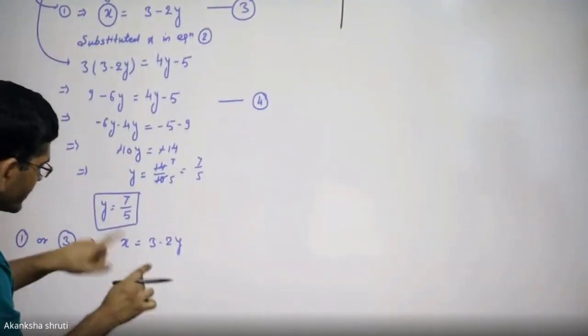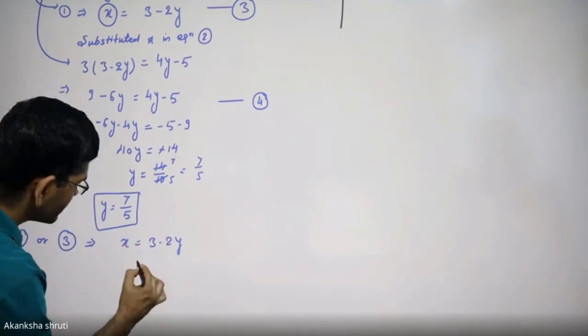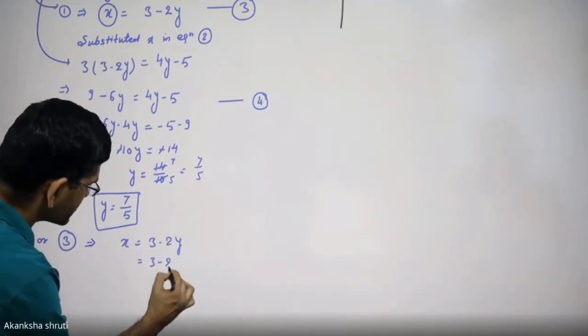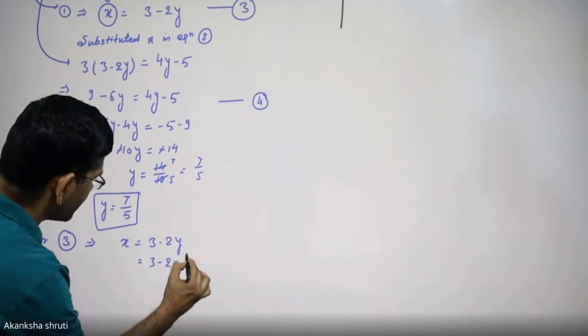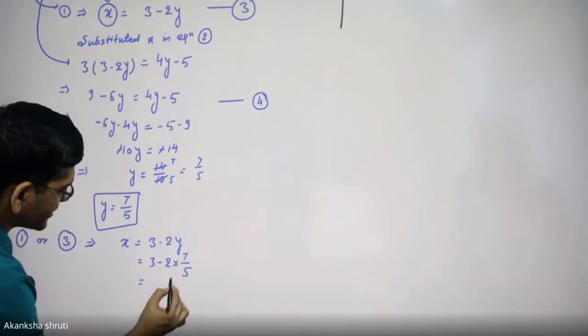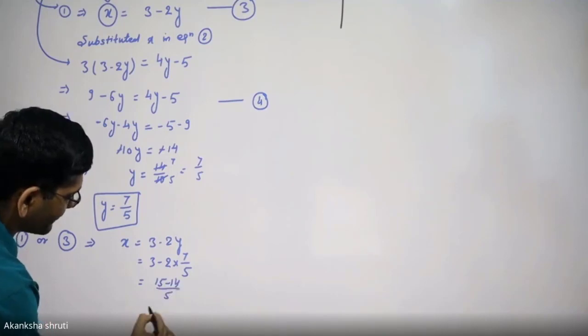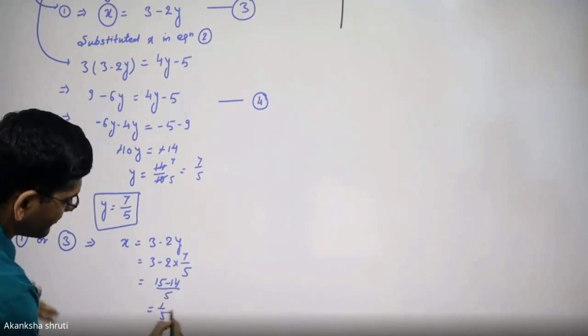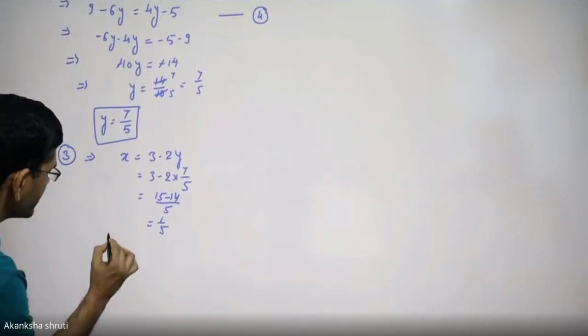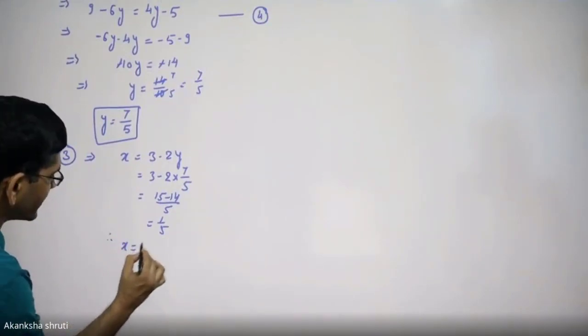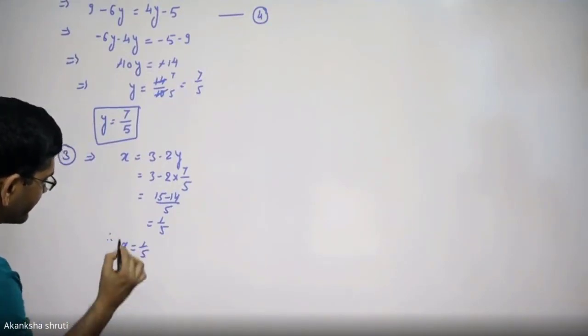This way, substituting this value of y, we can get 3 minus 2 into 7 by 5. 5 3s are 15 minus 14 by 5. It is coming as 1 by 5. So this way, x obtained is 1 by 5.